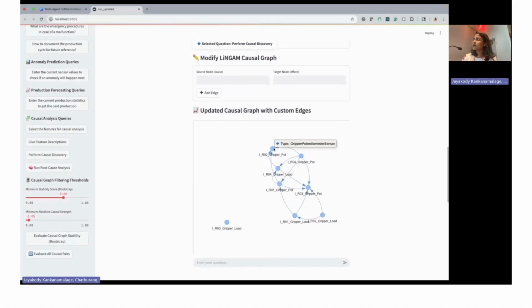When hovering on the nodes, you can see the type, such as gripper potentiometer sensor. All these node types we extracted from the knowledge graph, so it is grounded in the real-world concepts and the real-world deployment setup that we have in the smart manufacturing knowledge graph. So it is pretty explainable.